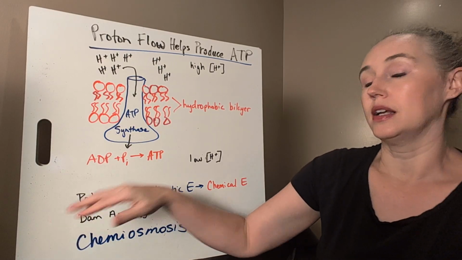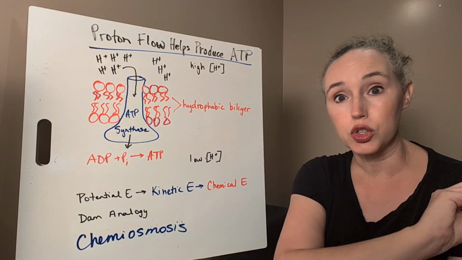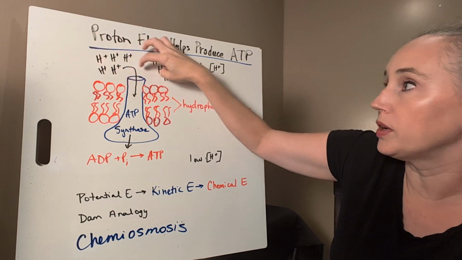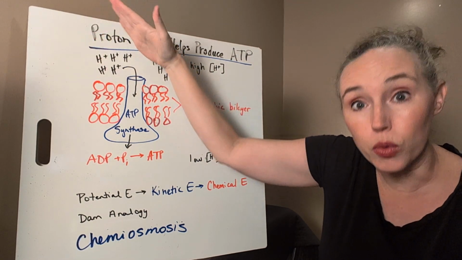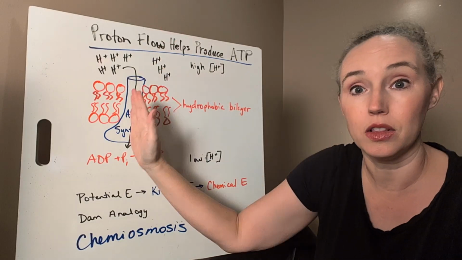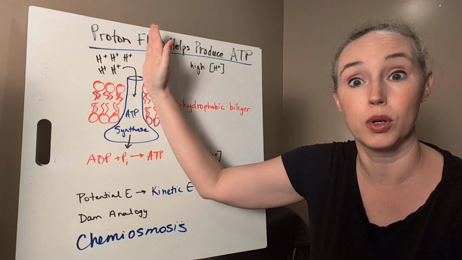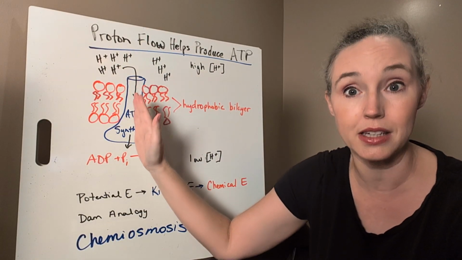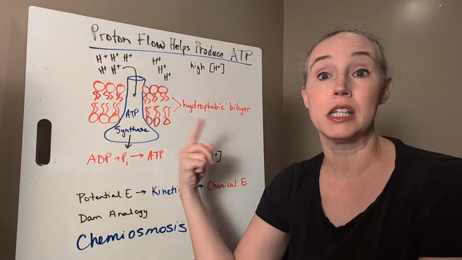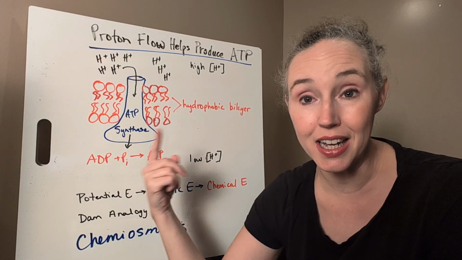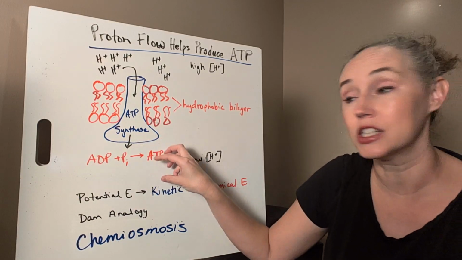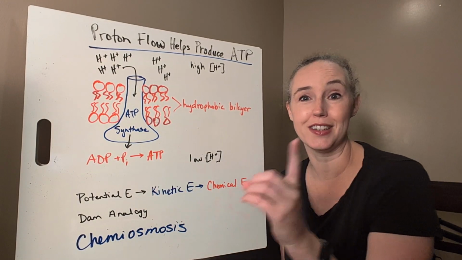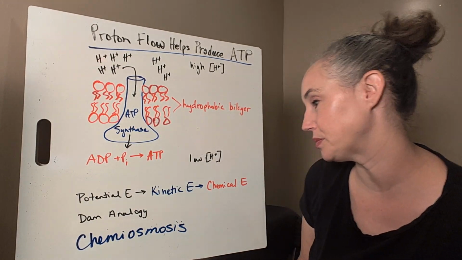This allows, again, we're looking at energy transfer, right? So here we have potential energy. Then as these flow through, they want to move from an area of high to low concentration, but they need a protein to do it. So they flow through this ATP synthase. Potential energy is changing into kinetic energy, and then kinetic energy is being coupled to this reaction to form chemical energy in the form of ATP.